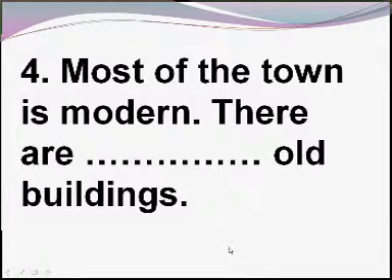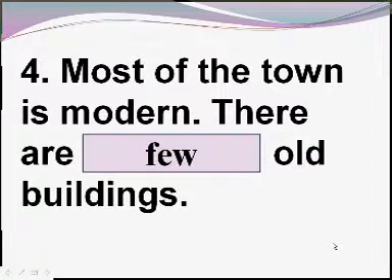Will we have many of those? Of course we will have few. There are few old buildings, and remember, if we don't have a, it means we don't have a positive meaning here. It means the old buildings are really few here.